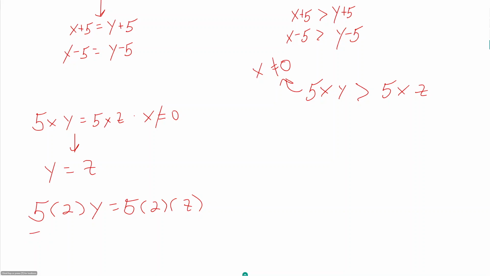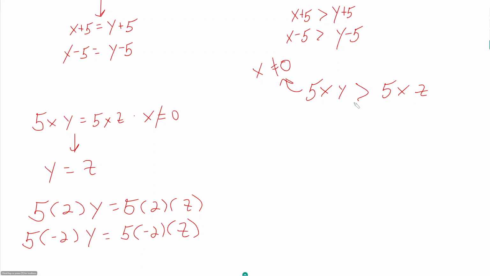Nothing wrong with that. If you were to say 5 times negative 2, if x is equal to negative 2, times y is equal to 5 times negative 2 times z. Well, still should be true, y should be equal to z because your negative 10s should just cancel out on each side. And so what I am trying to get at here is now let's look at inequalities.